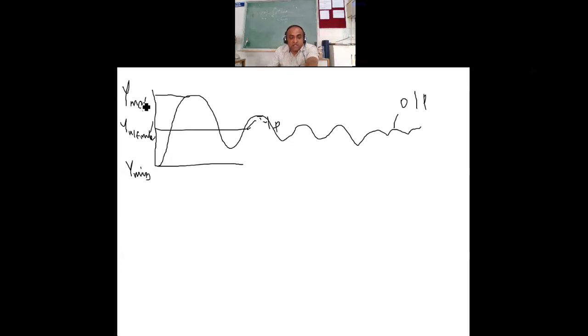We have done this type of problem previously. He is asking to find this Y max. How do you find it? If you remember, this is known to you as C1, and this is known to you as C2.